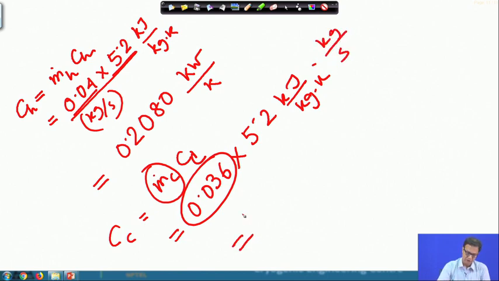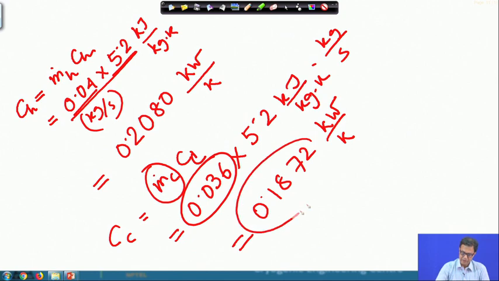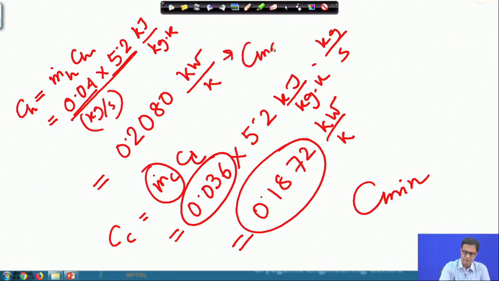So, this comes out to be 0.1872 kilowatt per Kelvin. So, you can understand that this is the C mean, and the cold fluid stream is the C mean fluid, and this is the C max fluid.